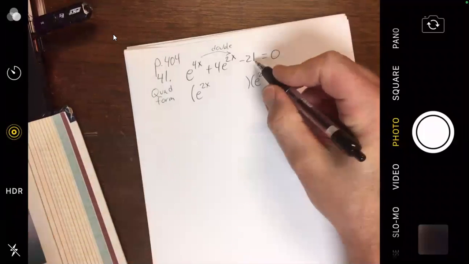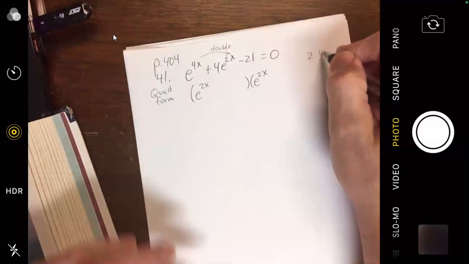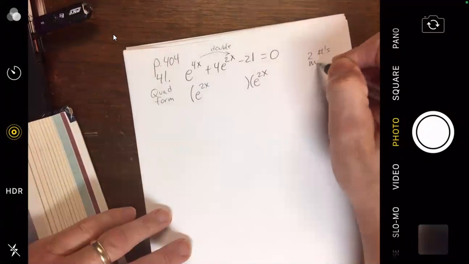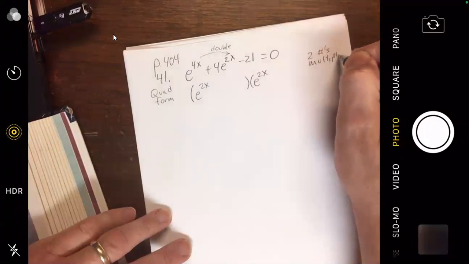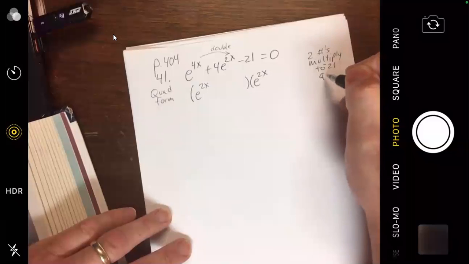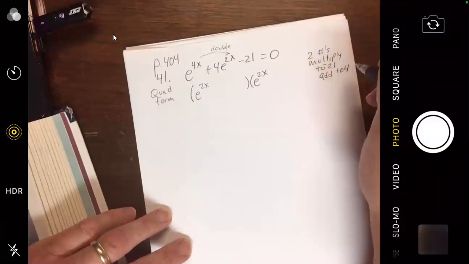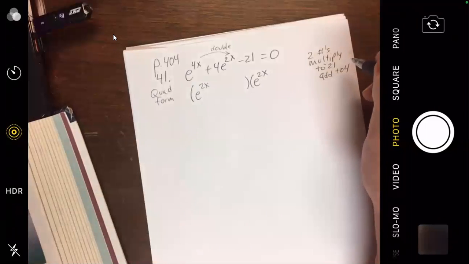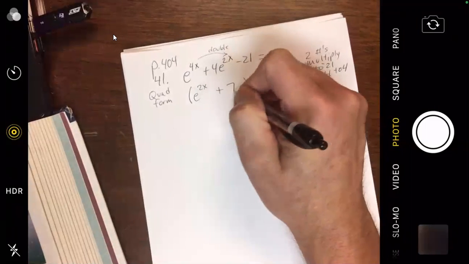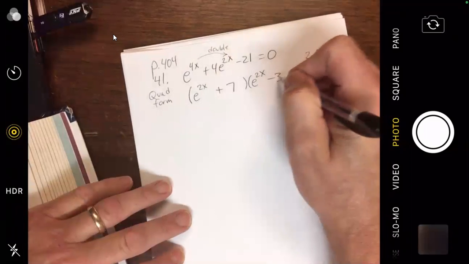We need two numbers that multiply to negative 21 and add to 4. That's probably going to be a 7 and a 3. The 7 is going to need to be positive, and the 3 will be negative.